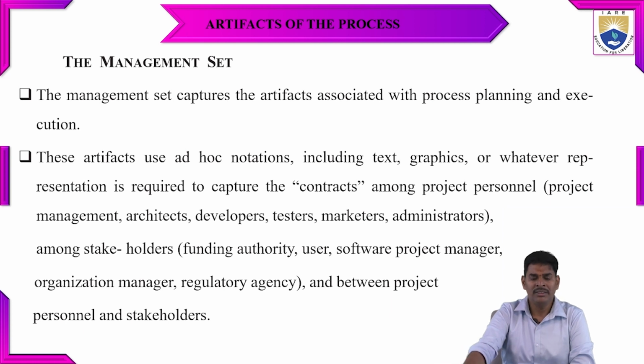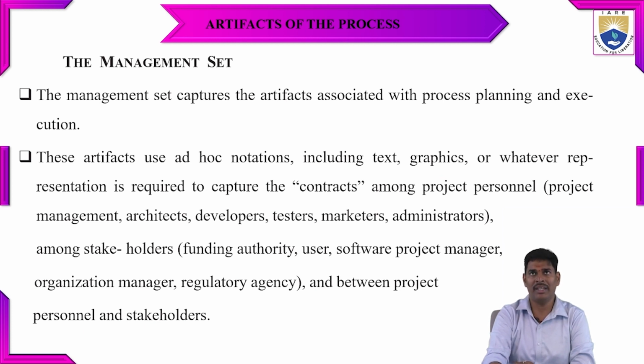Here in the first management set, we have the artifacts associated with the process planning and execution captured. We need to check what the various artifacts and ad hoc notations to be used are. Ad hoc notations such as text, graphics, or other representations.